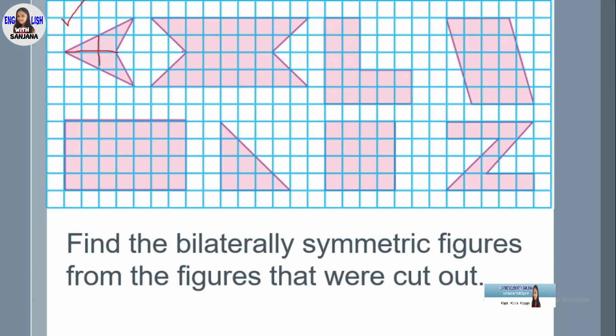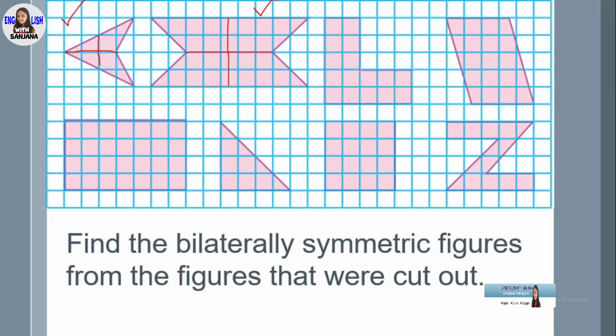The next one. Let's draw a straight line segment from this point to this point. And also, we can draw another axis of symmetry from this point to this point. This is a bilateral symmetry figure. The next one. Friends, is this a bilateral symmetry figure or not? Yes, it is.